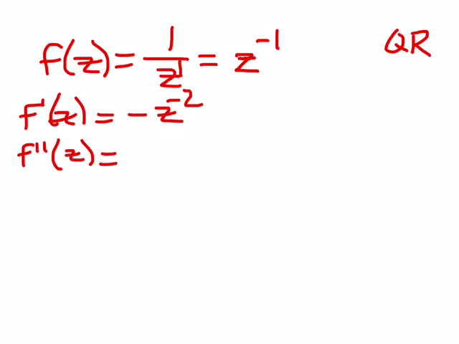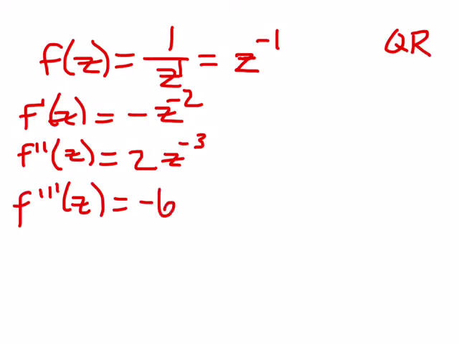Second derivative, bring the negative 2 down, positive 2 now, z to the negative 3. F triple prime of z, do it again, negative 6, z to the negative 4.